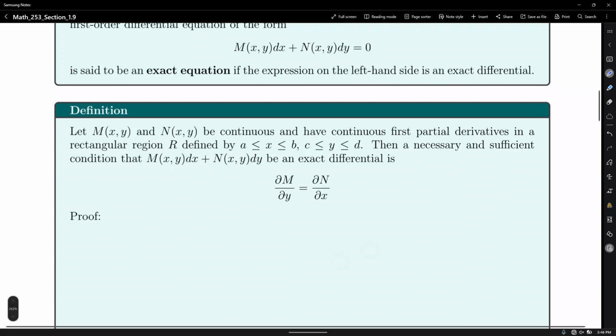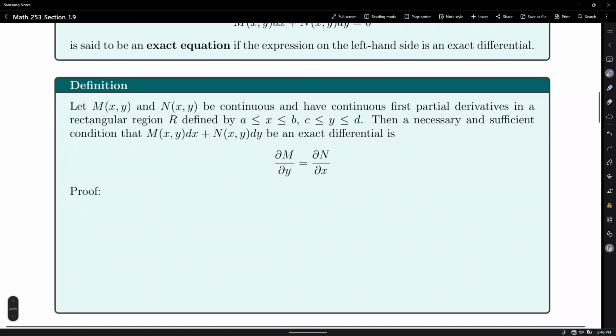Okay, so what's the proof? Consider that M dx plus N dy equals the partial of f with respect to x dx plus the partial of f with respect to y dy.